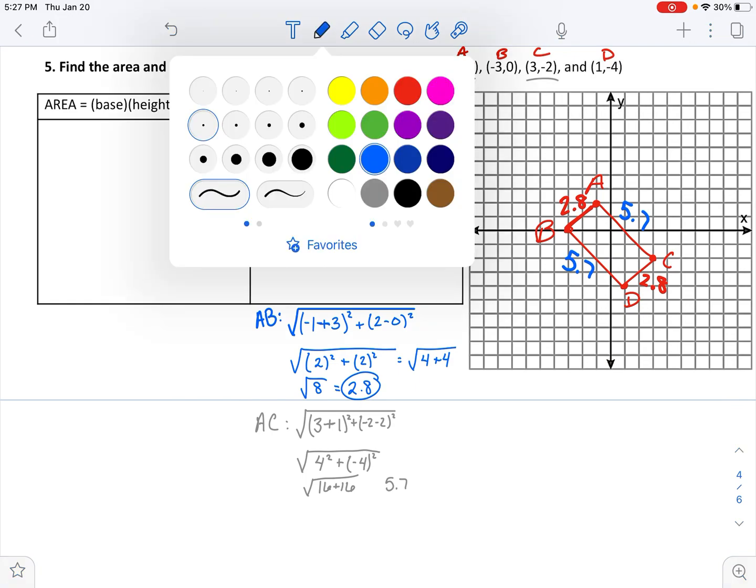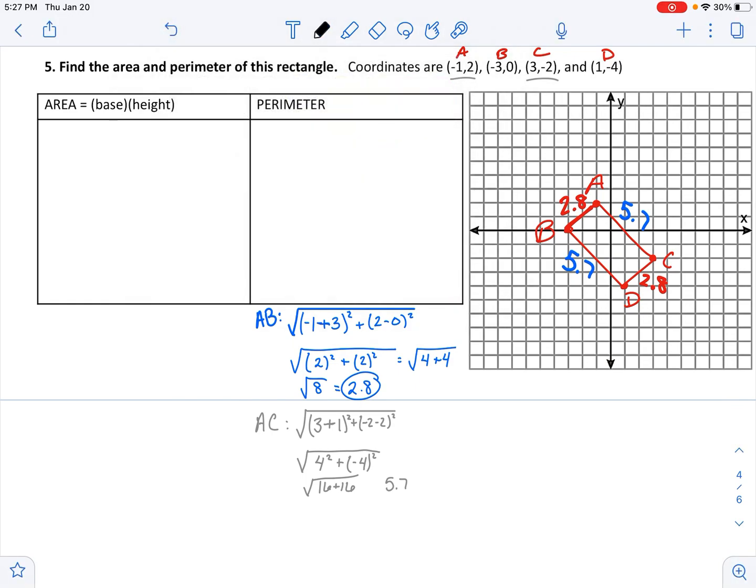Then I need to find my perimeter and my area. My perimeter would be the distance around, so it would be 2.8 plus 2.8 plus 5.7 plus 5.7. So this would get me 17 units for my perimeter, the distance around the shape.